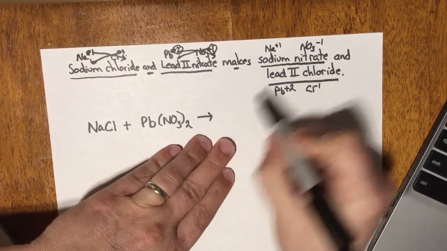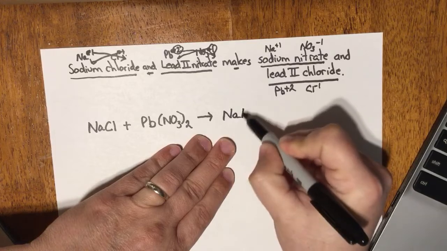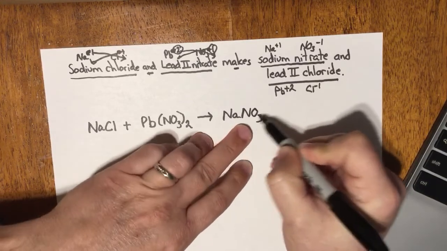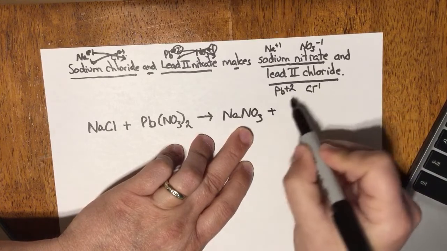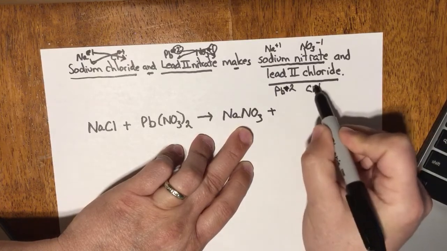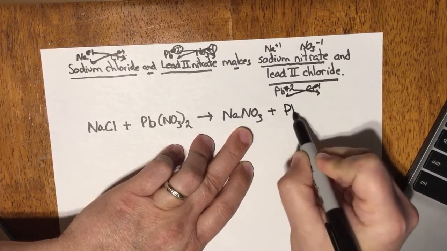Sodium nitrate, there's a 1 and 1, so I only need 1 of each after I crisscross. Because I'm only using 1 NO3, I don't need parentheses there. And lead 2 chloride, so Pb with a positive 2. That 2 goes there, that 1 goes there. We should get PbCl2.